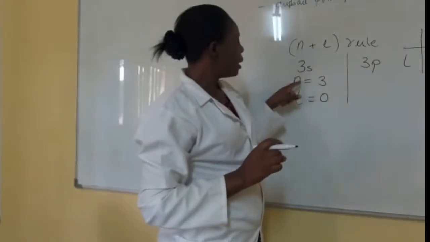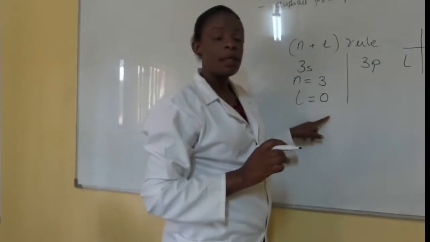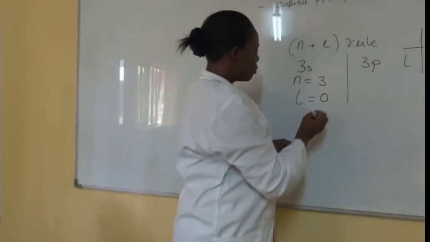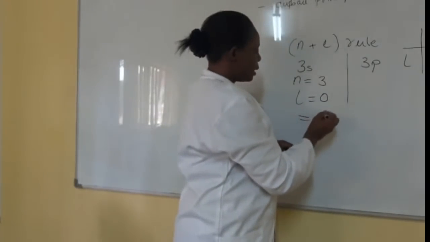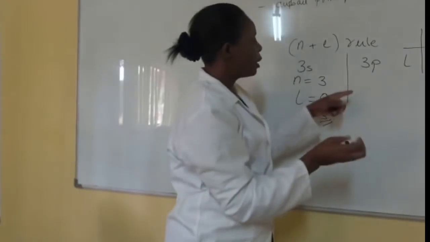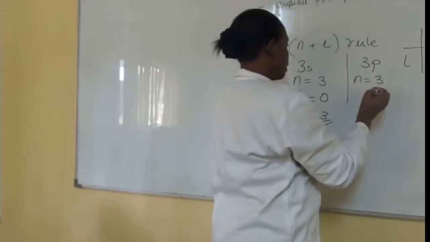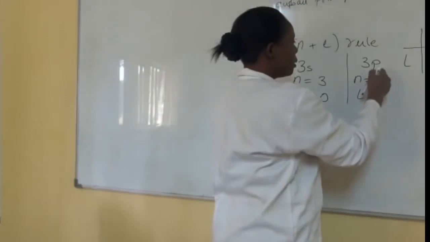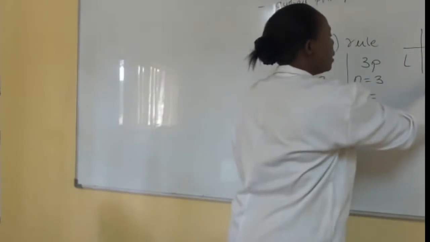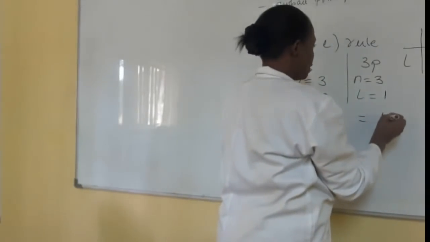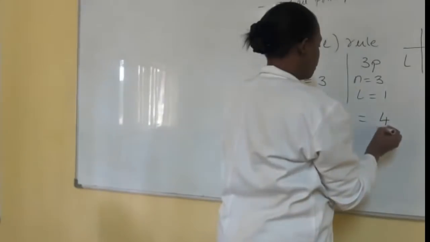So meaning here, N is 3, L is 0. Okay? So, the sum of this is actually 3. Then you come here, N here is 3, L here is what? So since it's p orbital, L is 1, therefore the summation of that will be 4.